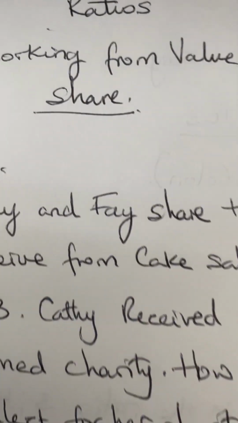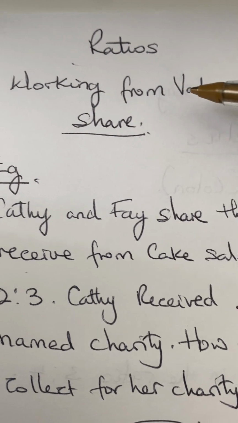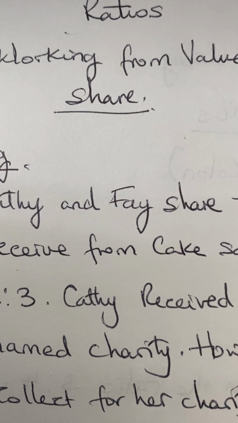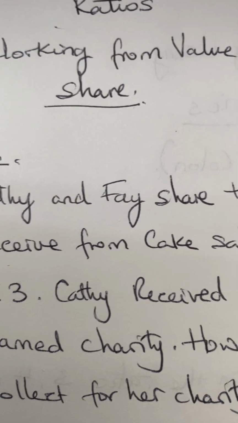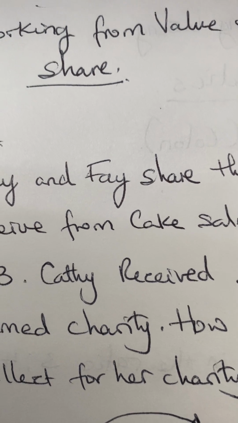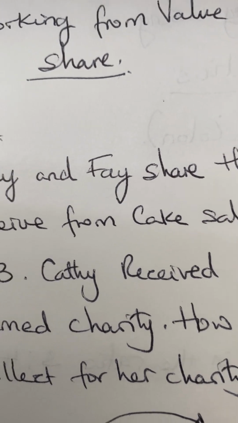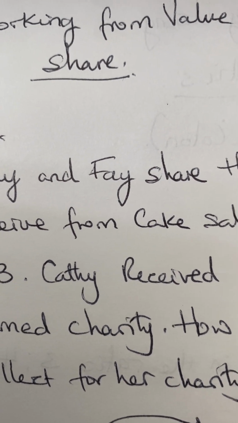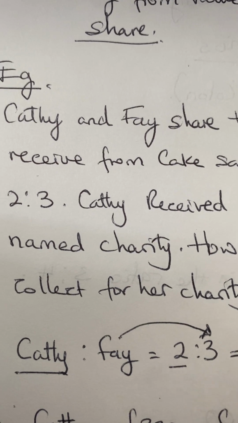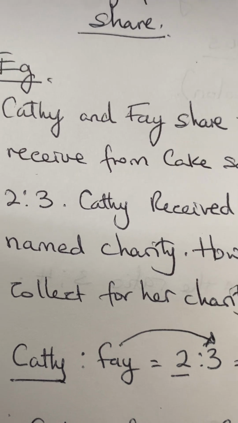Here, the second part of today's lesson, I want to talk about ratios, working from value share. So what we just did, they give you the ratio and they give you the amount, and then you use the unitary method to find the portion of 1, and if it's 2 portions, then you multiply by 2 to get your answer.